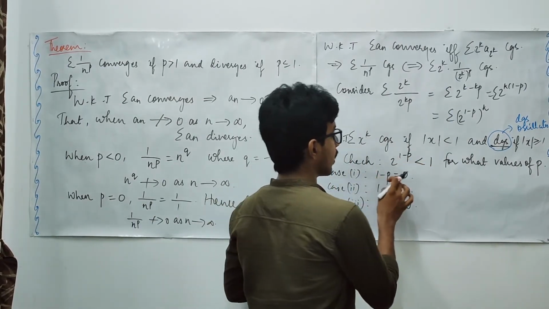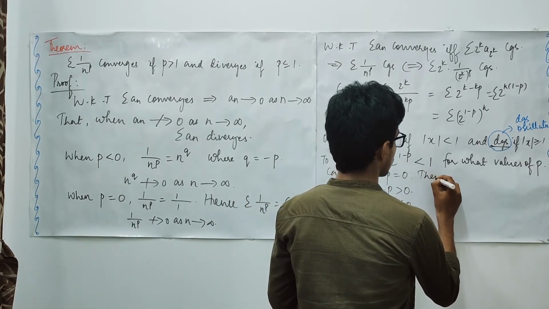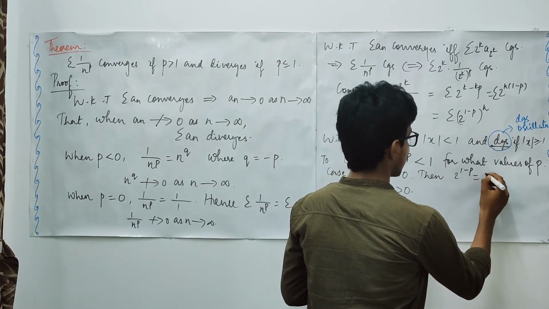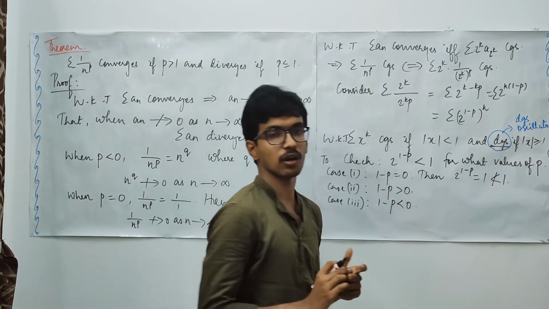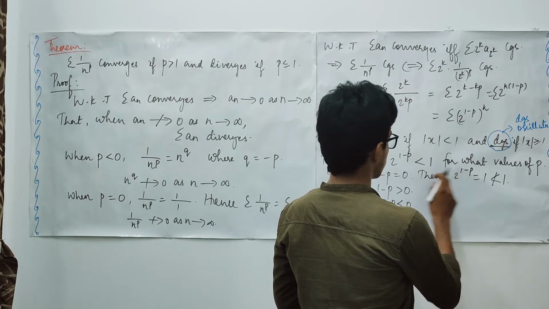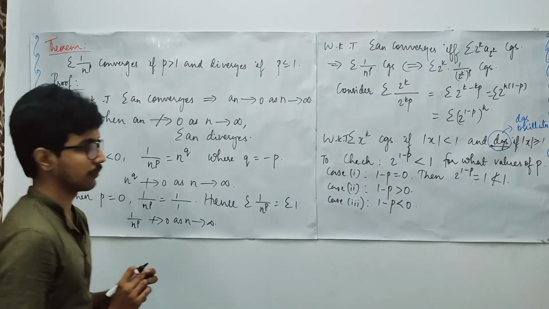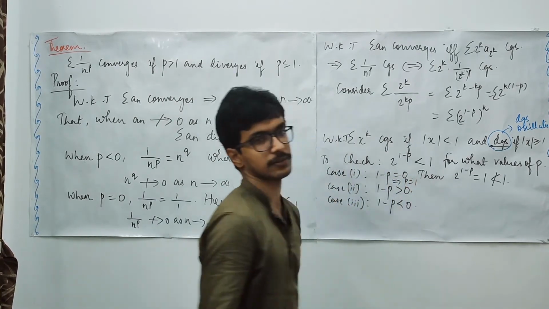When your 1 minus p is 0, what is going to happen? Then 2 power 1 minus p becomes 1, which is not less than 1. Hence, in this case, we are going to get divergence. When does your 1 minus p become 0? When p value equals 1. This is nothing but the p equal to 1 case.